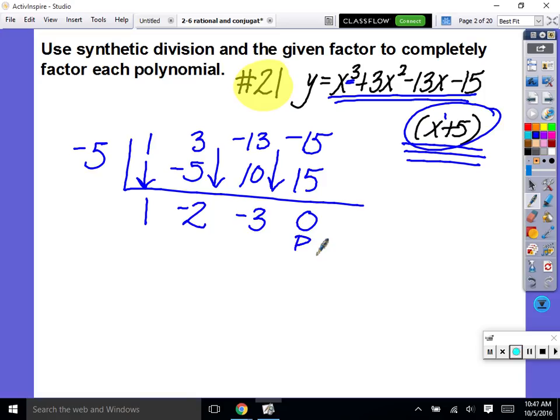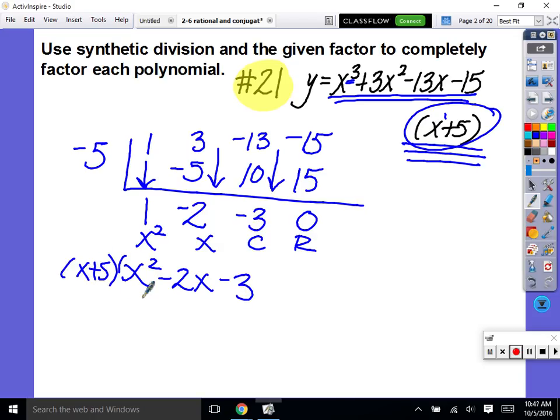So isn't this our remainder, our constant, x squared? Then we work backwards. X squared, then an x, then a constant remainder. So the new polynomial was 1x squared minus 2x minus 3, and the remainder was 0. So it says use this to factor it completely. So now don't we know that x plus 5 was a factor, and now don't we just need to factor this piece?